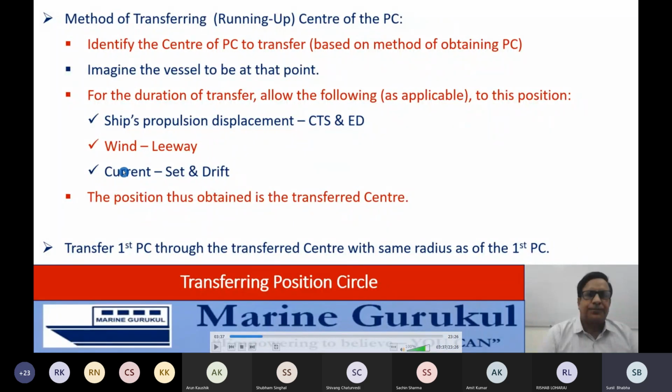So all these three forces which are acting on the ship, one is the ship's engine, second is the wind, third is the current, are applied on the center of the circle, and we obtain the transferred center, and this transferred center is used to draw the transferred position circle.